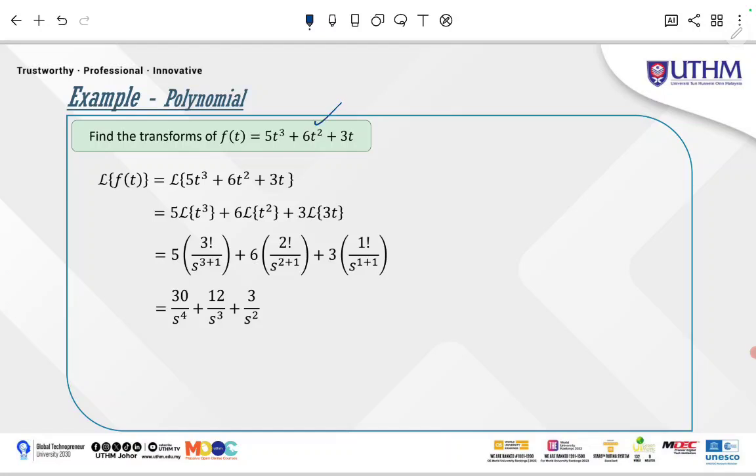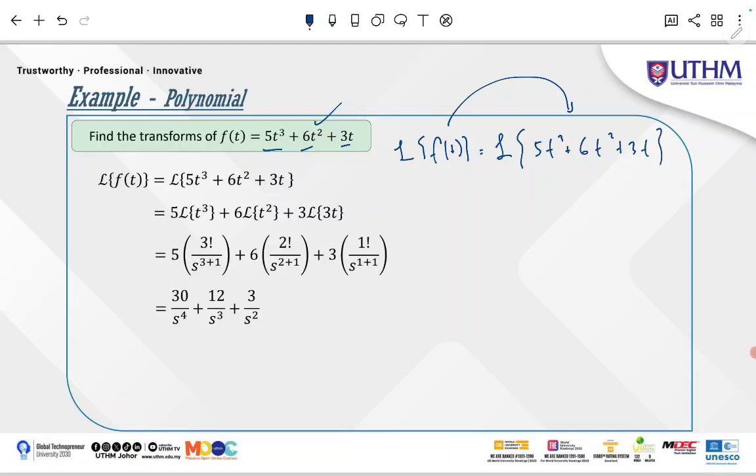The question is, find the Laplace transform of that function. They give f(t) equal to 5t to the power of 3 plus 6t to the power of 2 plus 3t. Then we can write the Laplace transform of f(t) as the Laplace transform of this function, 5t to the power of 3 plus 6t to the power of 2 plus 3t.